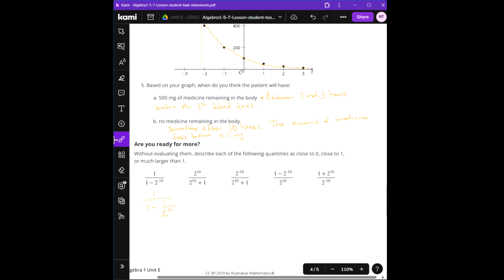So now we got rid of that exponent, and now we need to solve this. So now we're going to have 1 divided by 1 minus 1 divided by 2 to the 10th, which is going to be 1024.